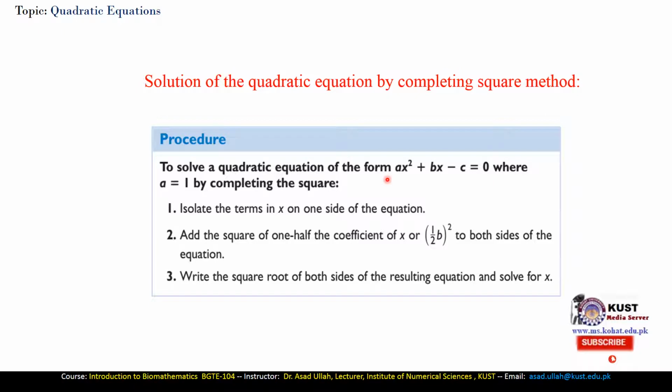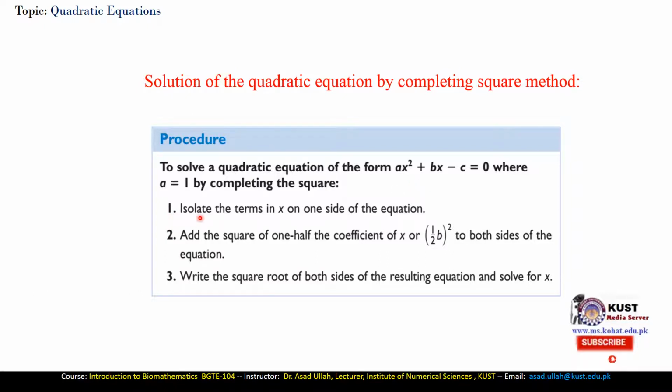We consider a quadratic equation ax square plus bx minus c is equal to 0, where a is equal to 1. We have chosen the coefficient of x square to be 1. So the following 3 important steps are required to solve the given equation.